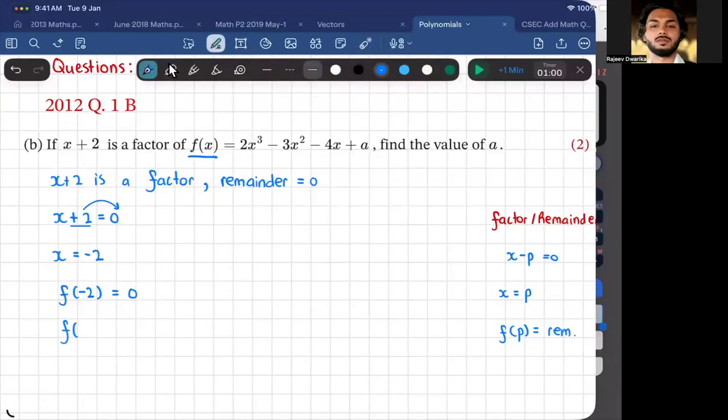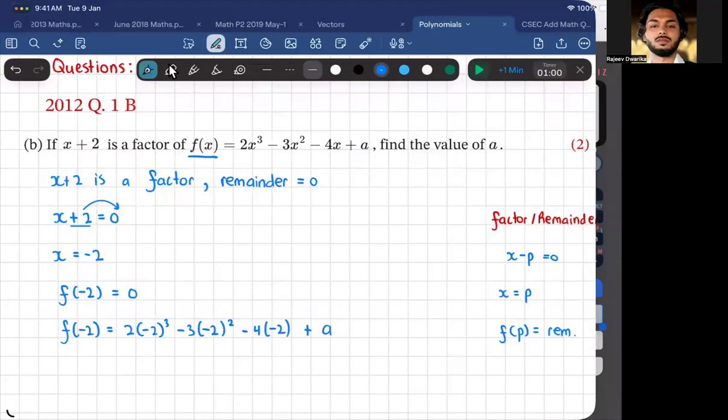So I'm going to write f of -2. Anywhere I see x, what am I going to write? -2. So I'm going to write 2 open bracket -2 cube, then -3 open bracket -2 squared, then -4 open bracket -2 plus a.